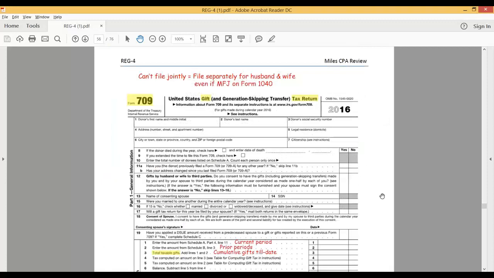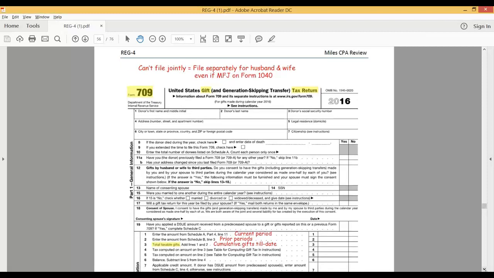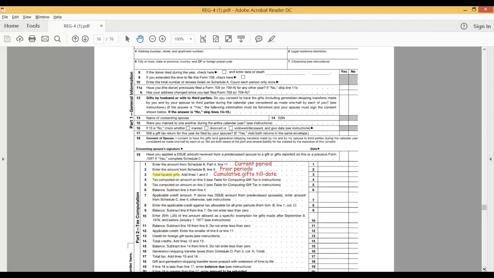Okay, so let's look at the form here. Of course, there are several sub-schedules to Form 706, and for all practical purposes, doing a 706 is probably one of the most difficult tax returns, because it depends on a number of factors.